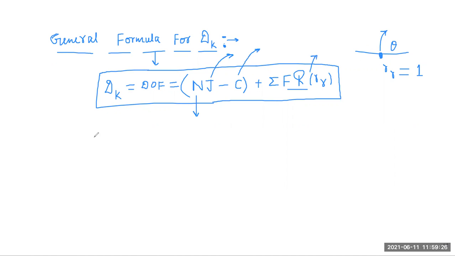So basically I write here n is equal to number of independent displacement possible at a joint.